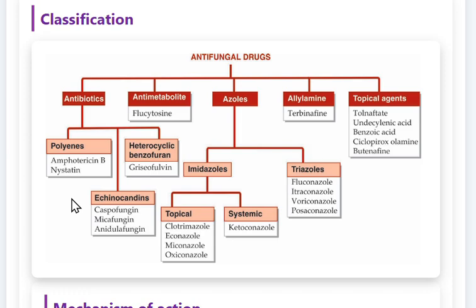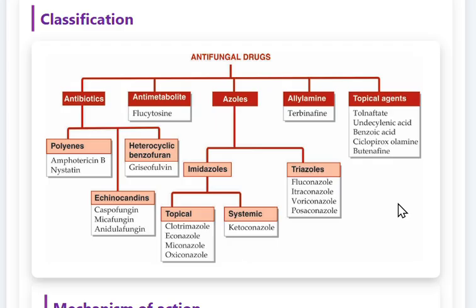Now let's discuss echinocandins. Examples include caspofungin, micafungin, and anidulafungin. These drugs are particularly effective against Candida infections. Other antifungals. Finally, we have drugs like griseofulvin, ciclopirox, and amorolfine. Griseofulvin is especially useful against dermatophyte infections.